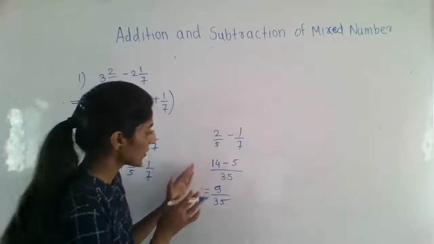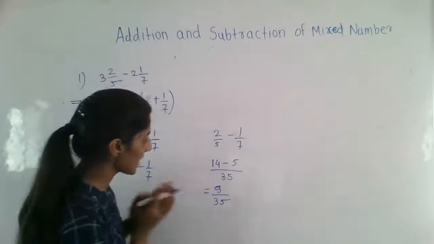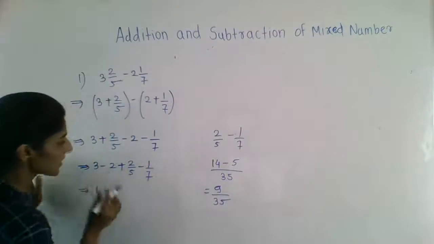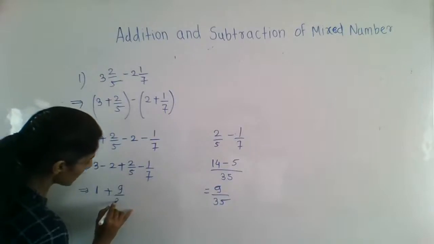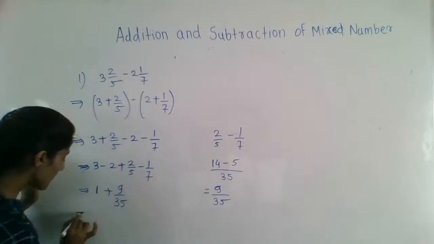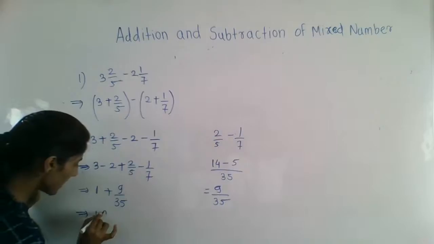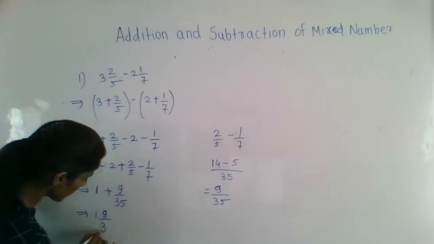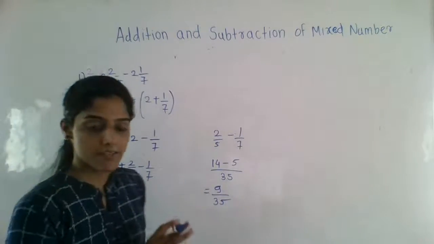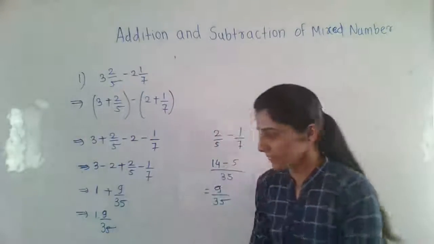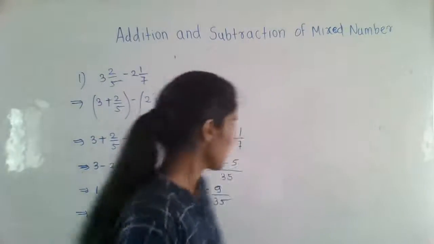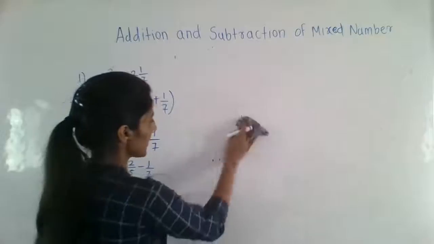That is our answer for this, 9 by 35. We write it as 1 and 9 by 35. That is our answer. We will write like this. Now see our second method.